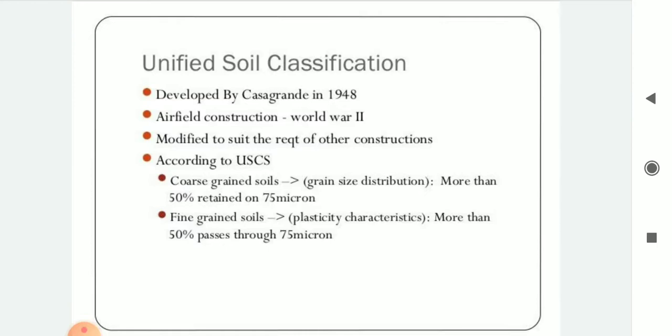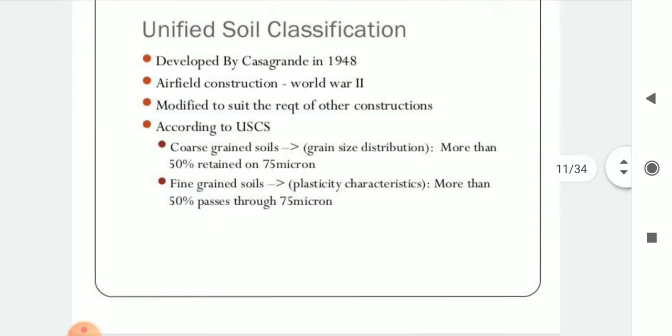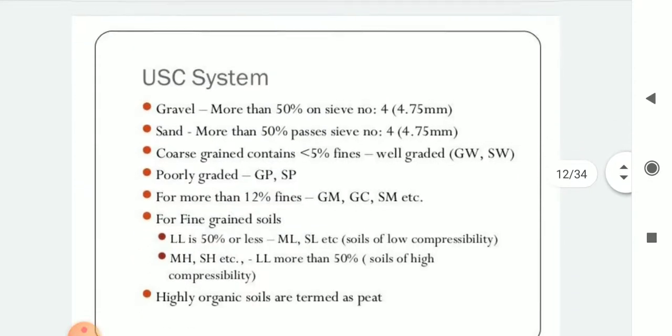According to USCS, there are two types: coarse grained soils, with more than 50% retained on the 75 micron sieve, and fine grained soils, with plasticity characteristics and more than 50% passing through 75 microns. Okay.